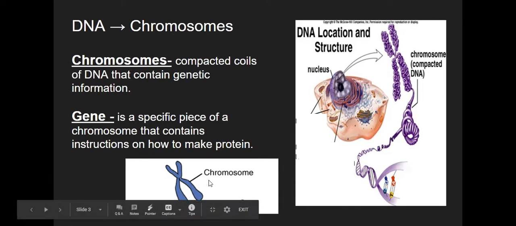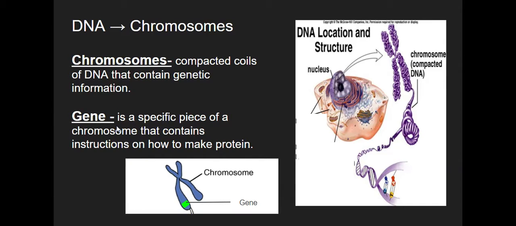If we look at this diagram, I've taken the same X chromosome and highlighted the bottom to show you where a gene might be located. Okay, so a gene is just a specific piece of a chromosome that contains instructions on how to make protein.